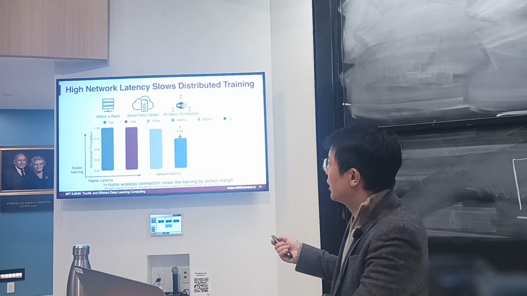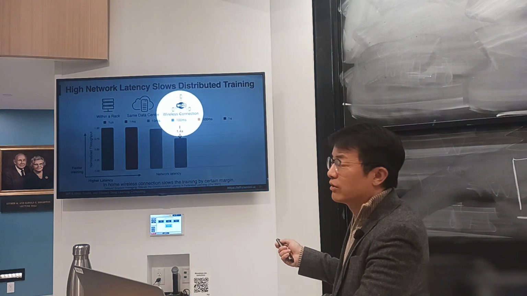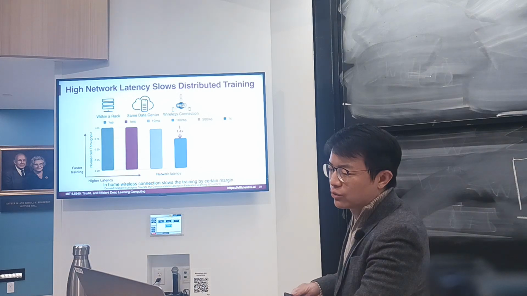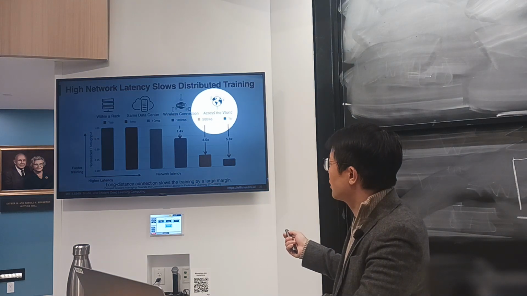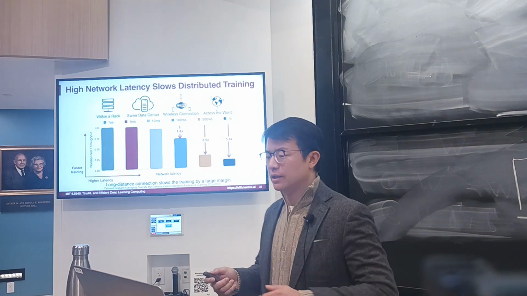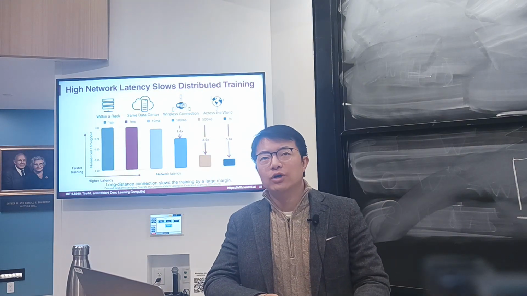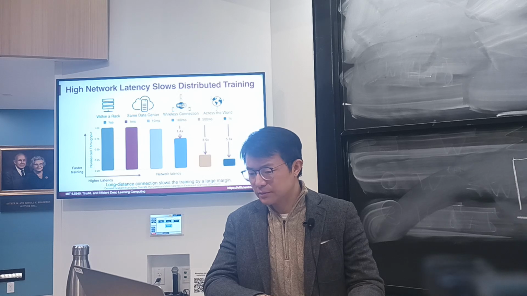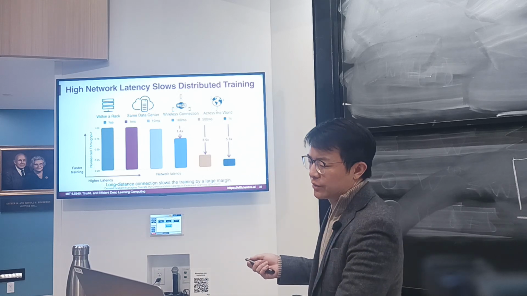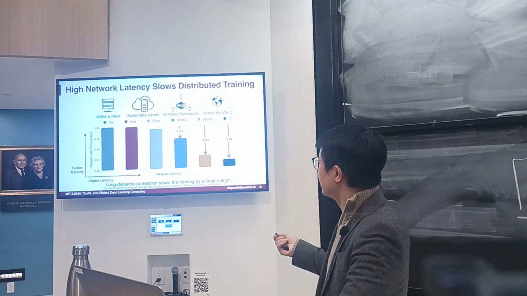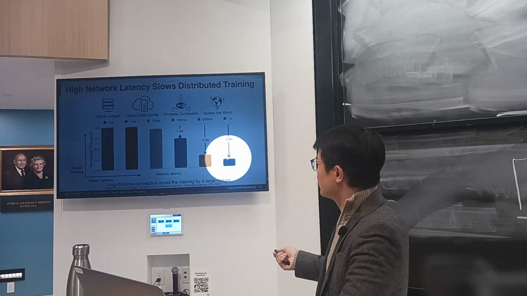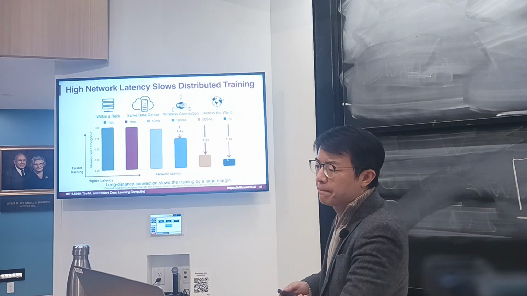As you go to wireless communication, that's roughly 100 millisecond networking latency. But if you want to send a message across the world, it's 100 millisecond or second level latency. So the smaller the latency, the faster the training speed. If the latency is too long, the training speed will be much lower.